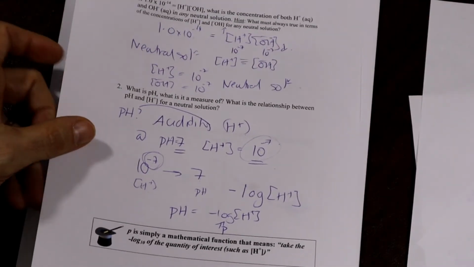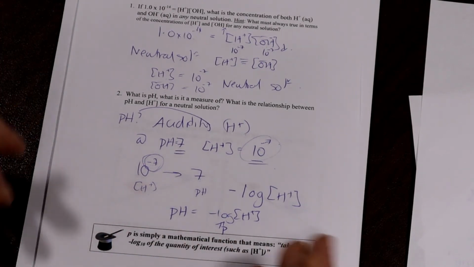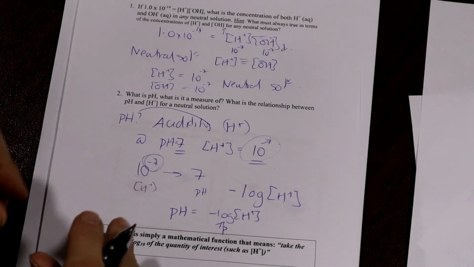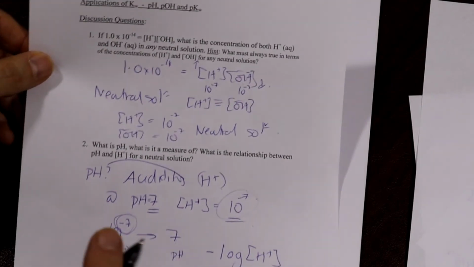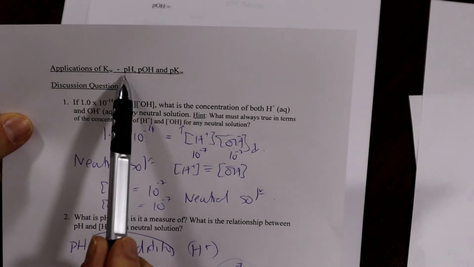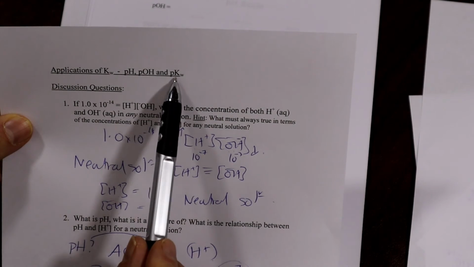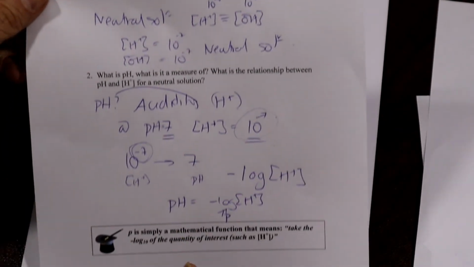So you can do a P for anything. You can do pOH even. If you want to take the minus log of the OH ion concentration, you can do that. And as we'll see, we can do some neat math when we take the minus log of the H plus ion concentration, the OH minus ion concentration, and Kw.